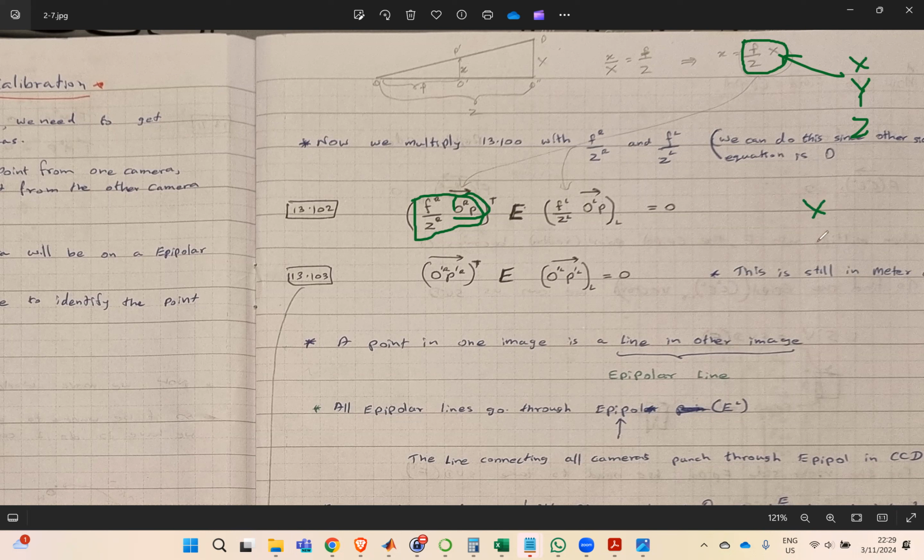That is also in X, Y, Z. So what we wrote here is the same thing as here. Both of these are the same, right? And this is capital X, because we are taking the point in the real world, so it should be in capital X, capital Y, capital Z. So now I can replace this with small x, right?